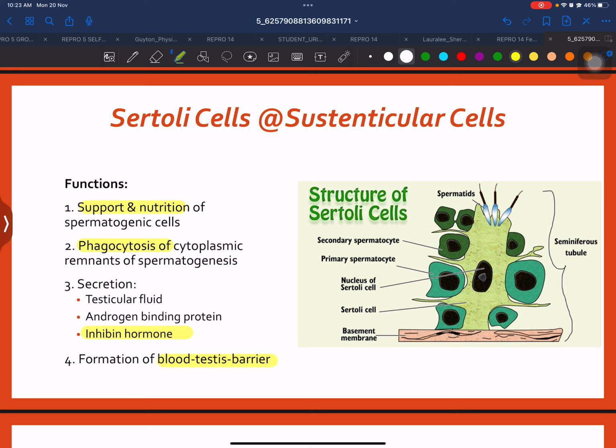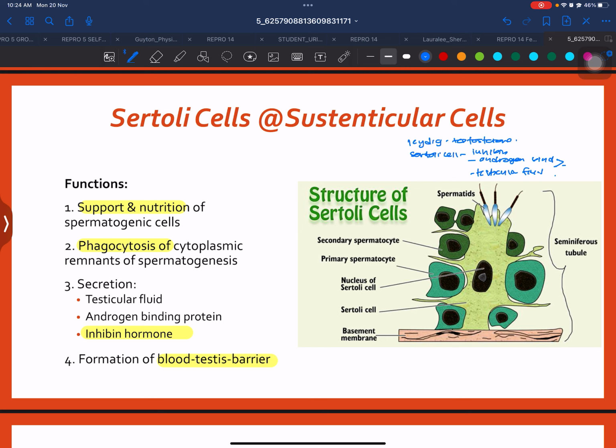It is like a babysitter cell. It also acts as a phagocyte, so any remnants of dead cells, it will engulf. It also secretes testicular fluid, the androgen binding protein and also inhibin hormone. So it has secretion functions.